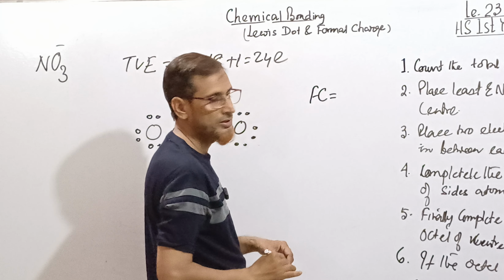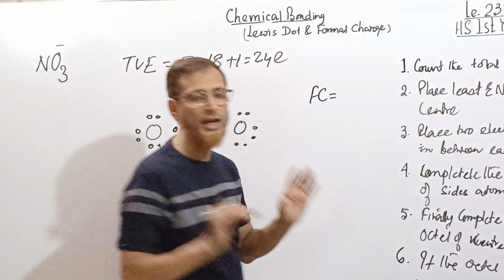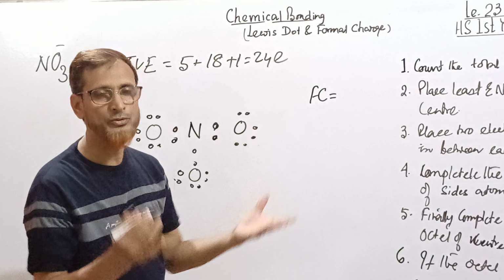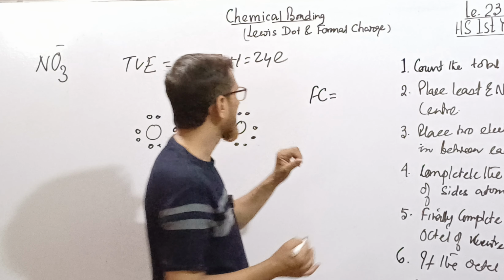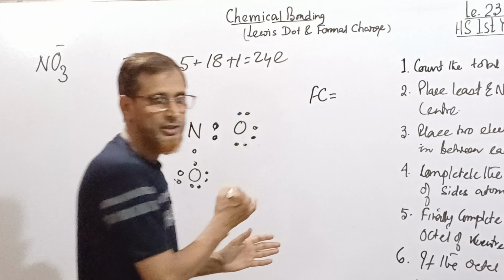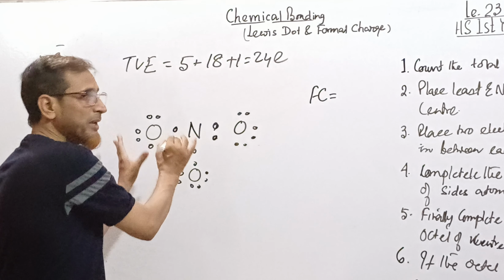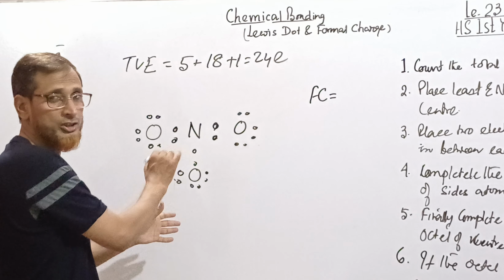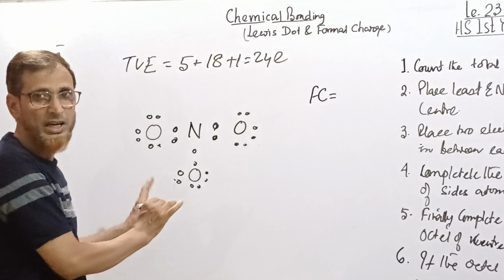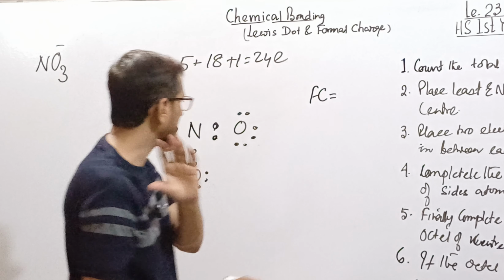What is formal charge? Formal charge is not an accurate charge, not the actual charge, that we depict to explain which of these Lewis dot structures is suitable and good. I am explaining, just minutely follow.